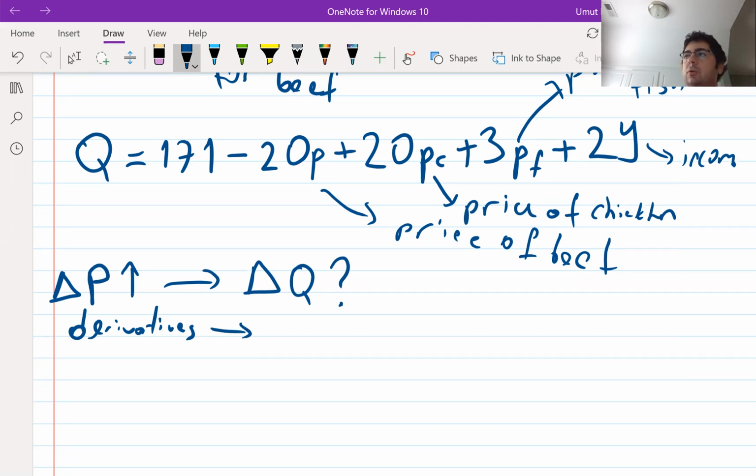I'm sure you all remember how to take the derivative of a linear function. These values are just examples. Do you remember how to take the derivative of a linear function?